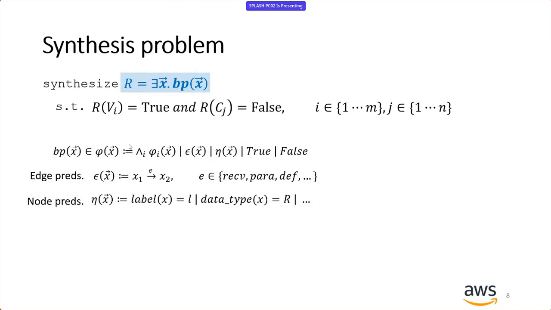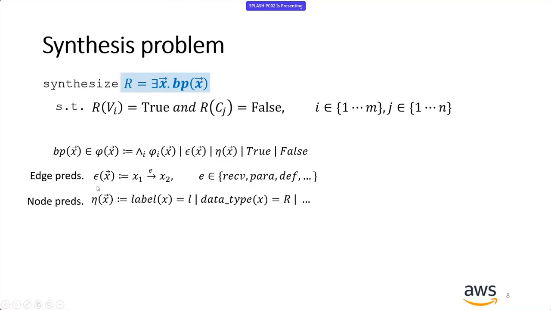So rules in the simplest form are existentially quantified formulas over graph representations of code, where the existential quantification is using these existential variables x, and the rule is expressing a buggy pattern over these variables x, where the buggy pattern is a conjunction over various edge and node predicates.